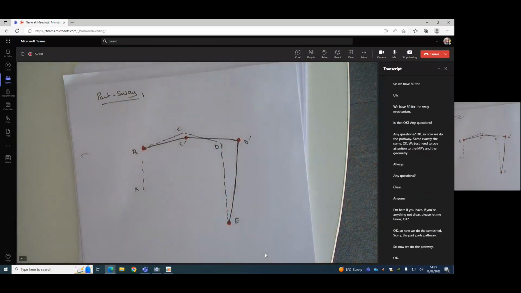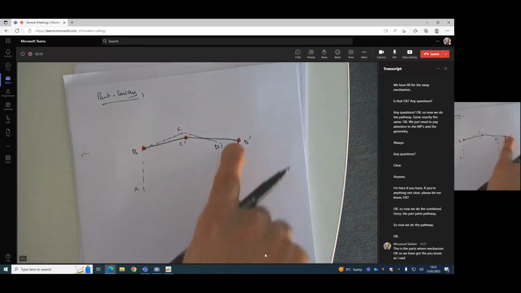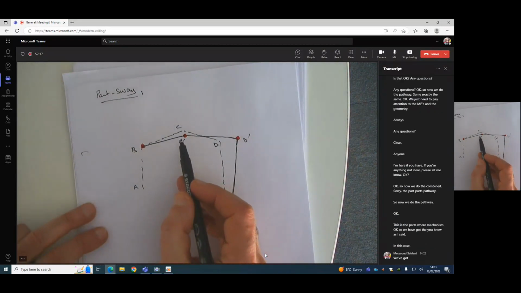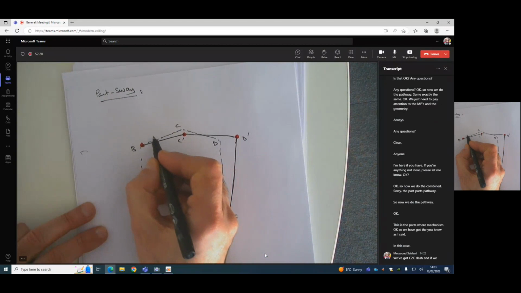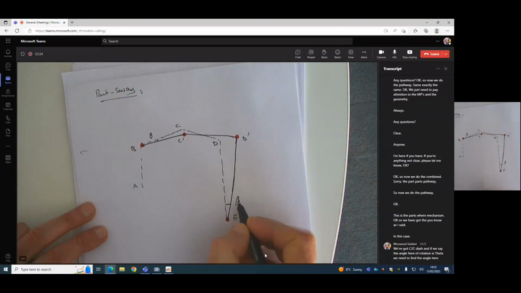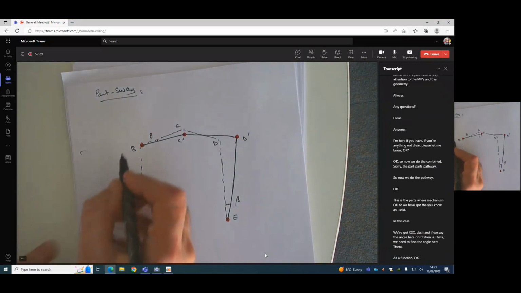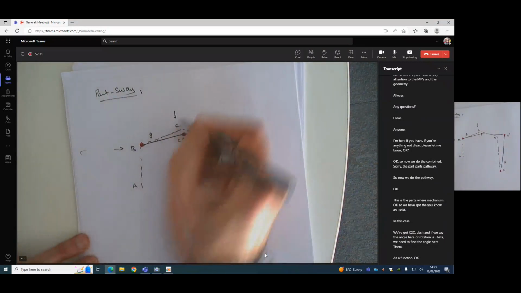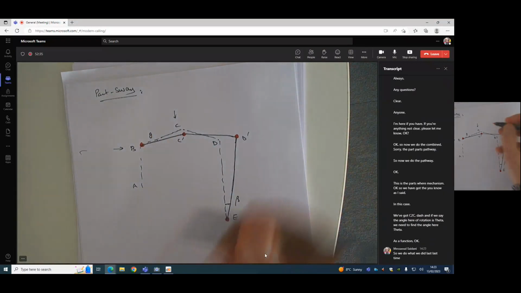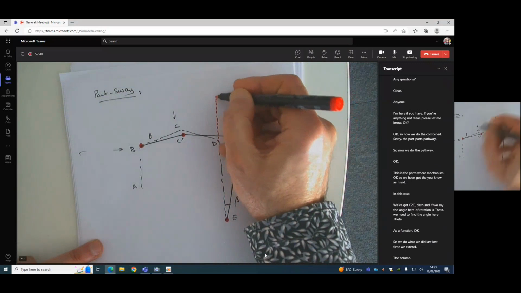This is the part sway mechanism. Okay. As I said, in this case, we've got C to C dash. If we say the angle of rotation here is theta, we need to find the angle here, beta, as a function. So we do what we did last time. We extend the column, extend BC.